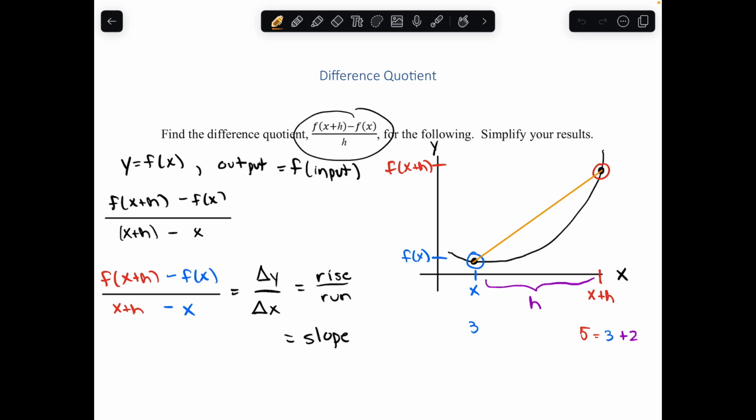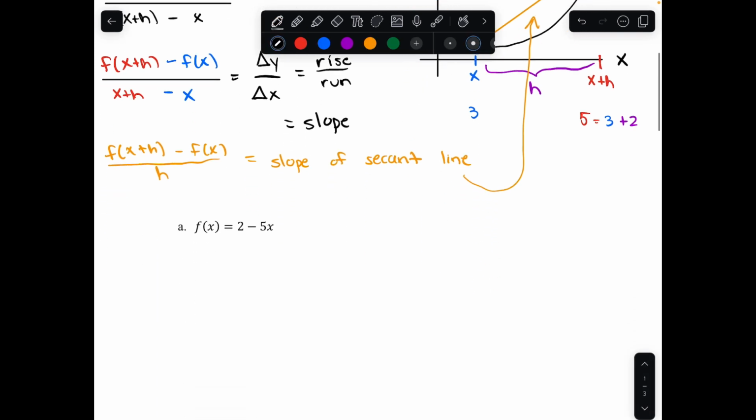So f of x plus h minus f of x divided by h really is just equal to the slope of the secant line, which really is just the line connecting 2 points of a function.